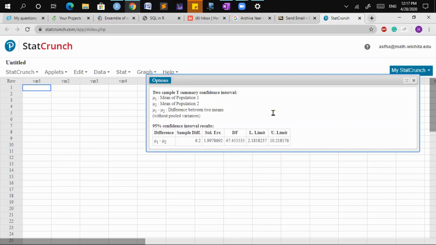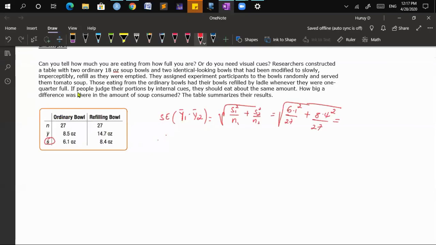So what do we say now? y bar 1 minus y bar 2 plus or minus the margin of error. If you do the calculation, you will get 2.22 comma 10.18. We have this interval.